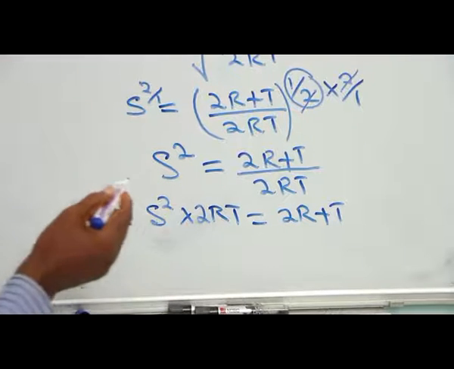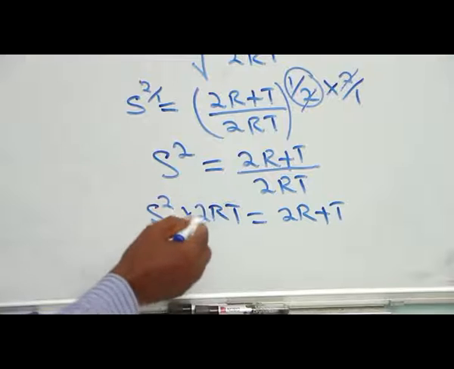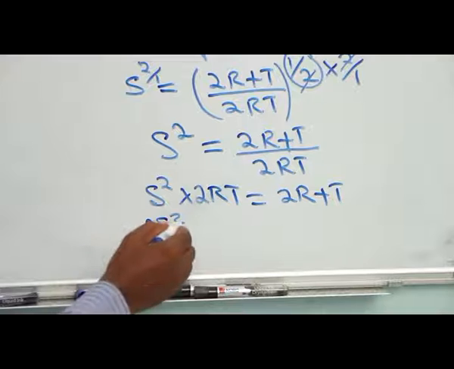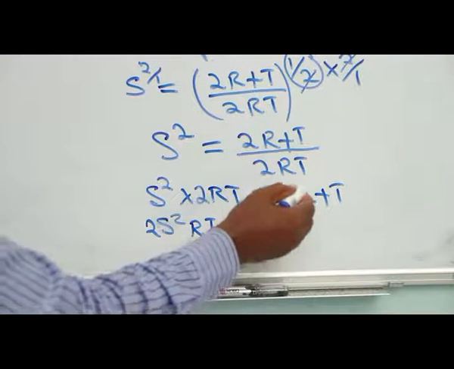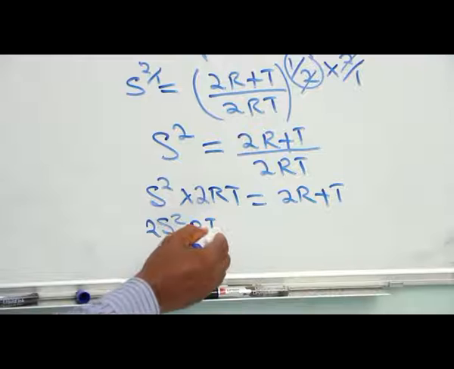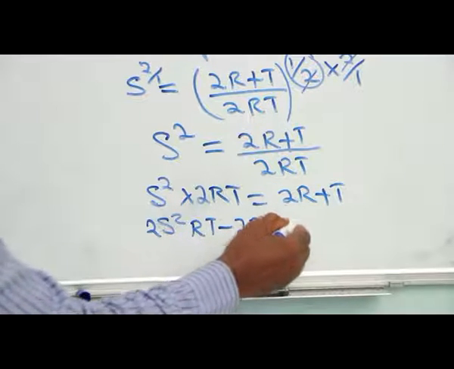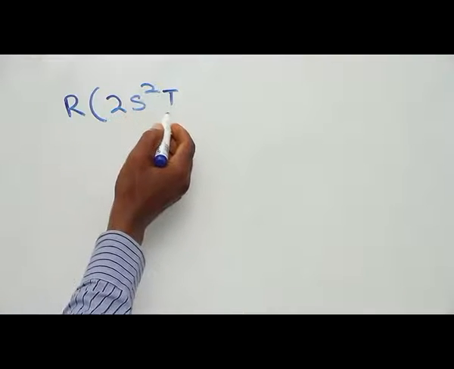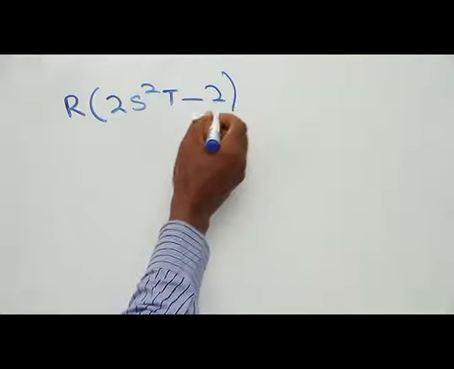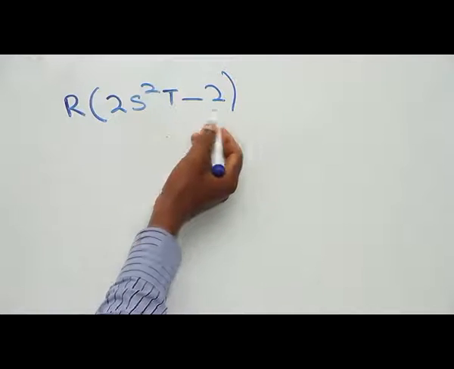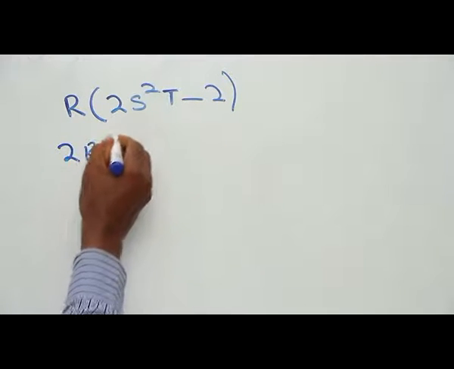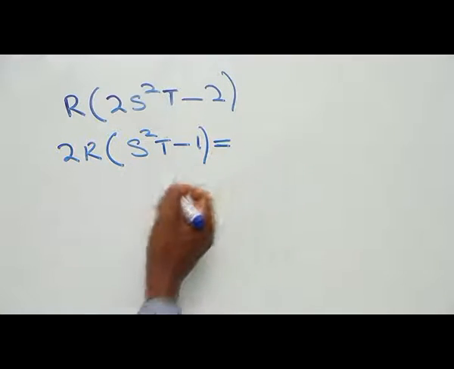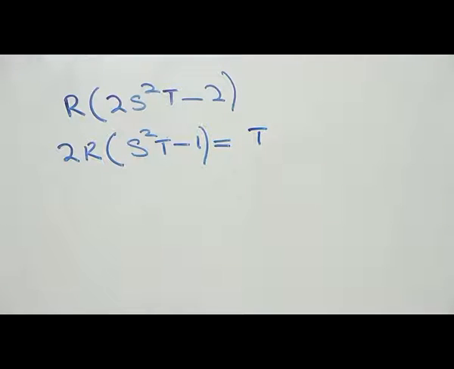Next is to collect all the terms that have R. Here we have 2S squared RT. Bringing the R from the right hand side to the left hand side becomes minus 2R, and everything here is equal to T. You bring out the R, and this is 2R into S squared T minus 1, which will be equal to T on the right hand side.